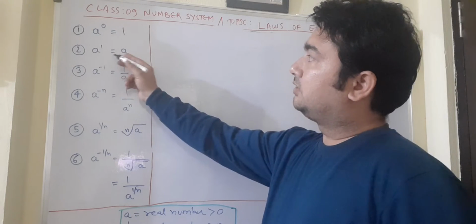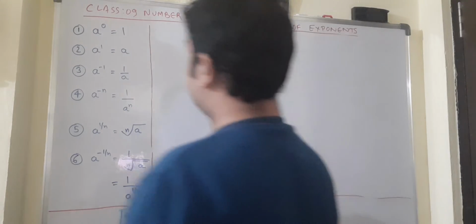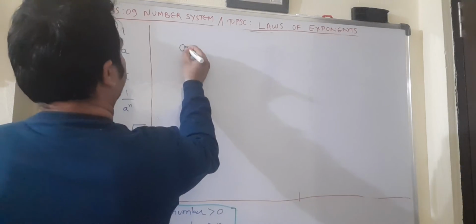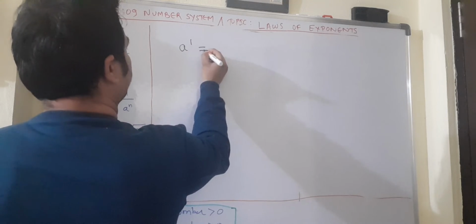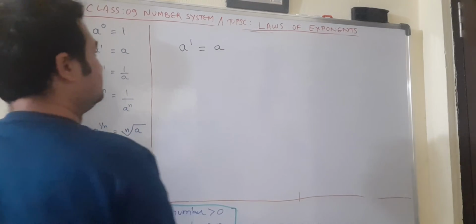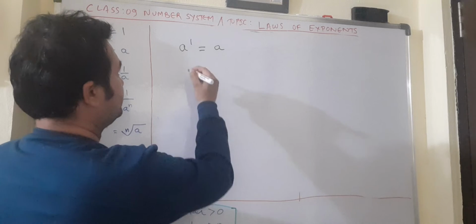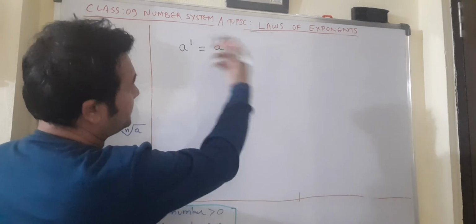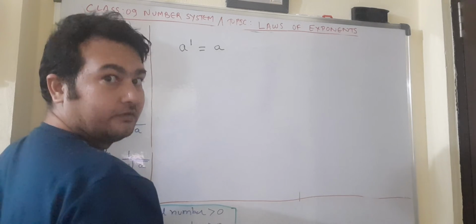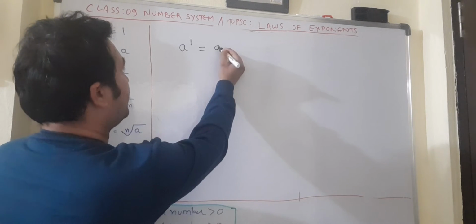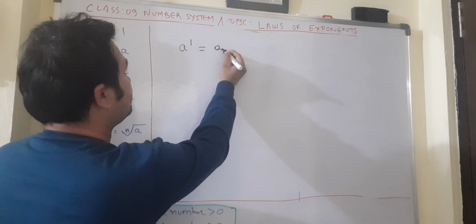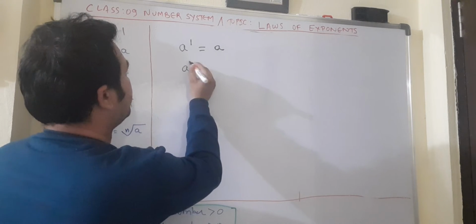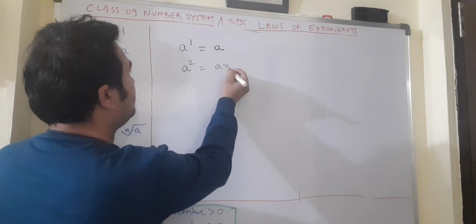Next one is a to the power 1 is a itself. a raised to the power 1 is a. It is quite obvious. What does this exponent represent? It represents the number of times it is getting multiplied by itself. So a to the power 2 becomes a into a.